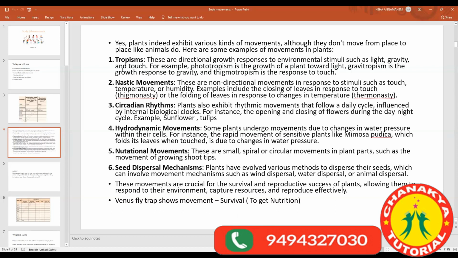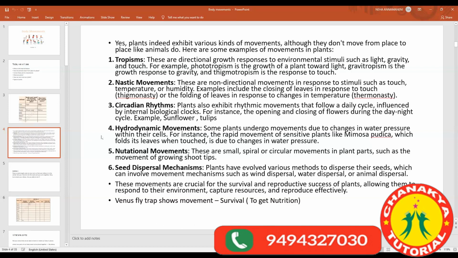The first one is tropisms. These are directional growth responses to environmental stimuli such as light, gravity, and touch. These are responses to environmental forces like light, gravity, and touch.